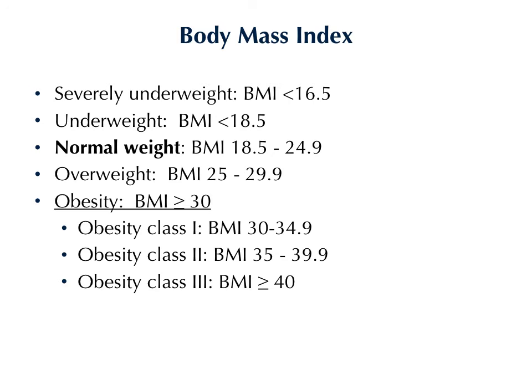So knowing your body mass index, we all should know where our normal BMI is, in the 18.5 to 24.9 range. So you're overweight if you're between basically 25 and 30. You're underweight when you're below 18.5.